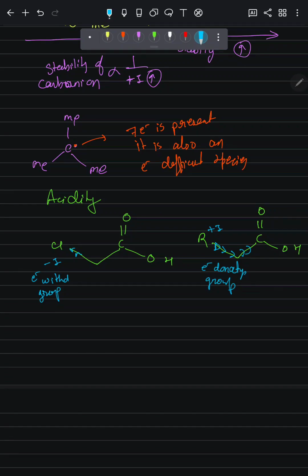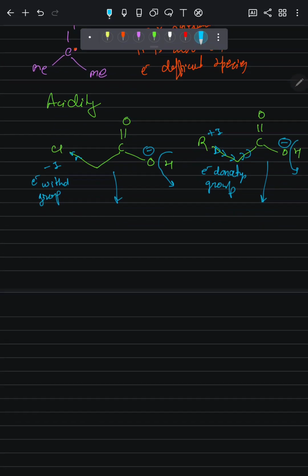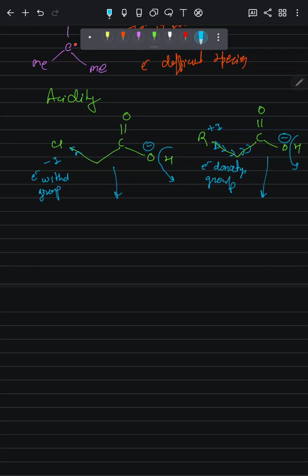To know about the acidity, we first need to abstract this hydrogen and see the stability of the resulting anion: who will reduce this stability, and who will increase the stability.